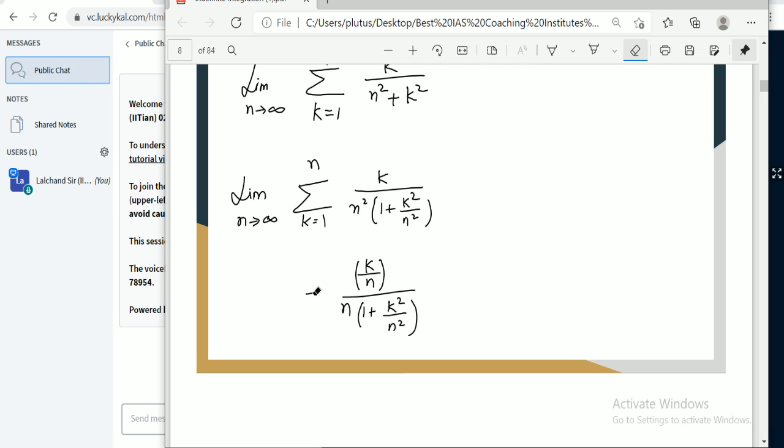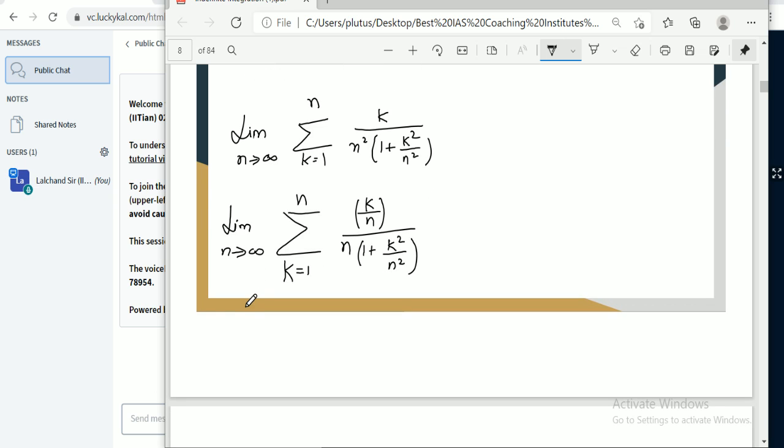So here the sigma is the same, the sigma of k equal to 1 to n, and the limit is the same, n tends to infinity. Now if we substitute, let k by n equal to x, and 1 by n equal to dx.